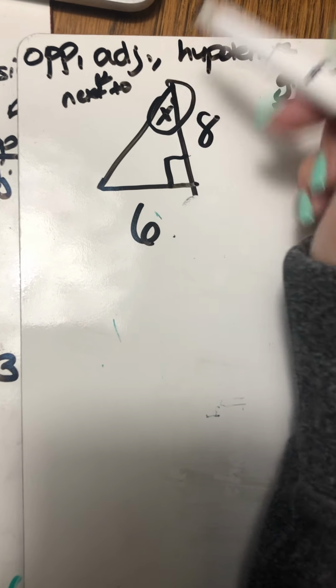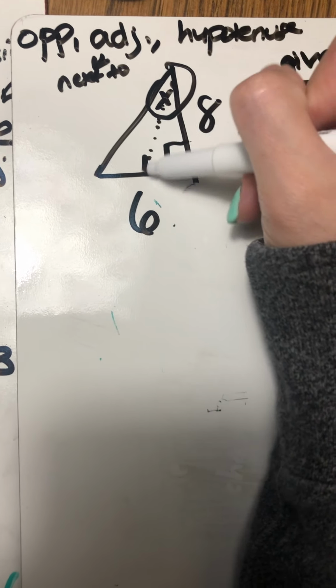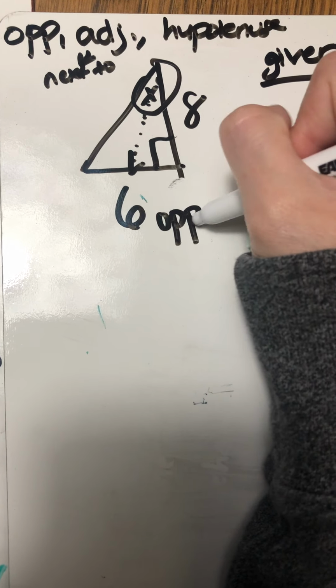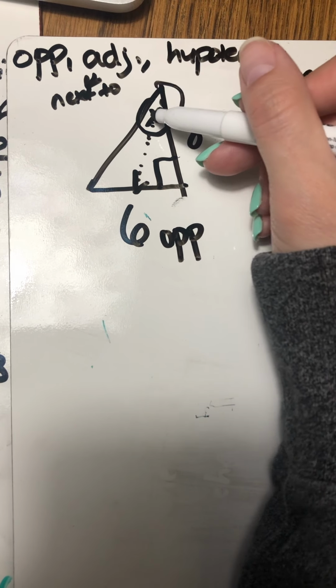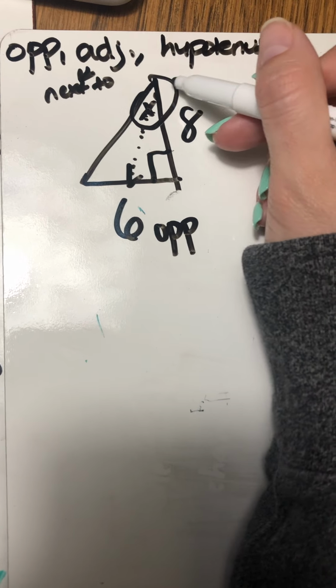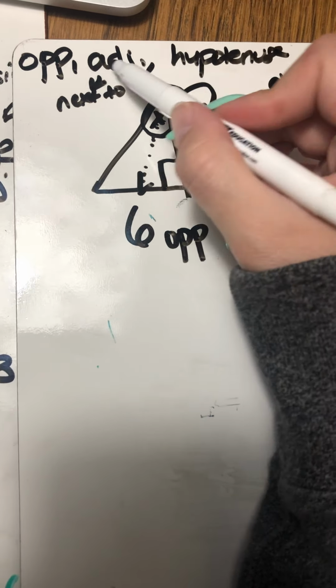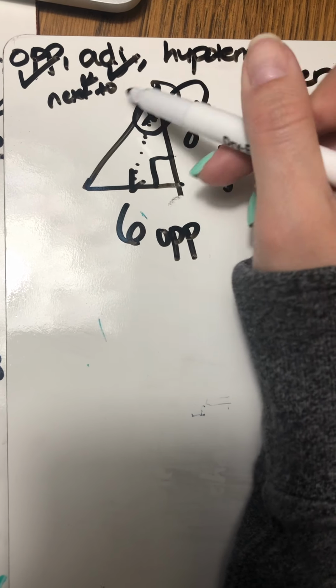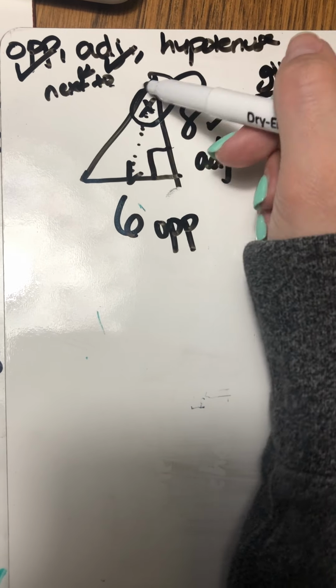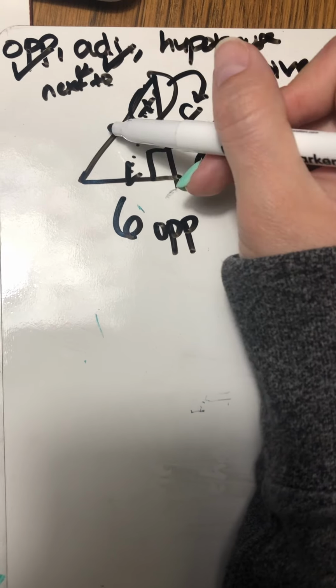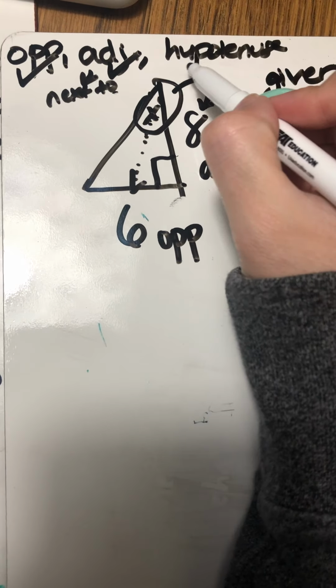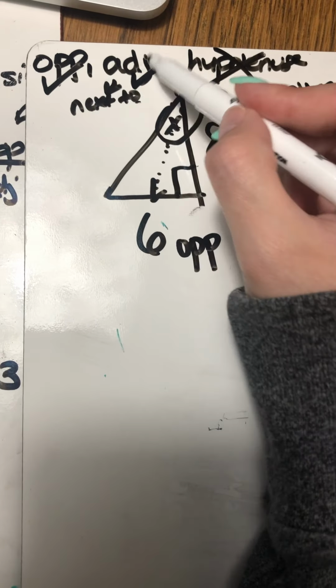So do I have the opposite? Yes, this is the opposite. Do I have the adjacent? The adjacent's next to it. Yes, I have the adjacent. Do I have the hypotenuse? No, this is the hypotenuse, the longest one. The hypotenuse is also opposite the right angle. We don't have it. So we're using opposite and adjacent.